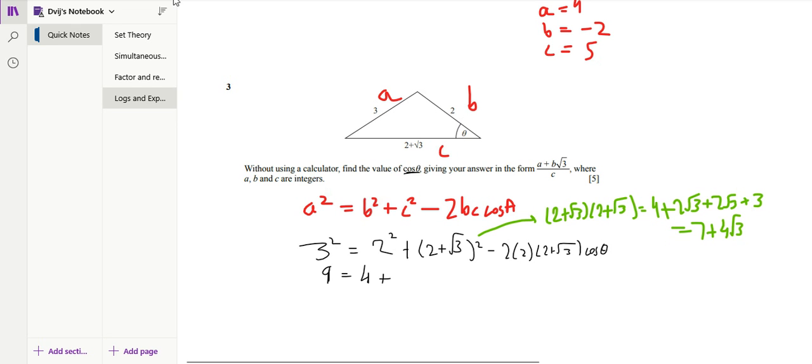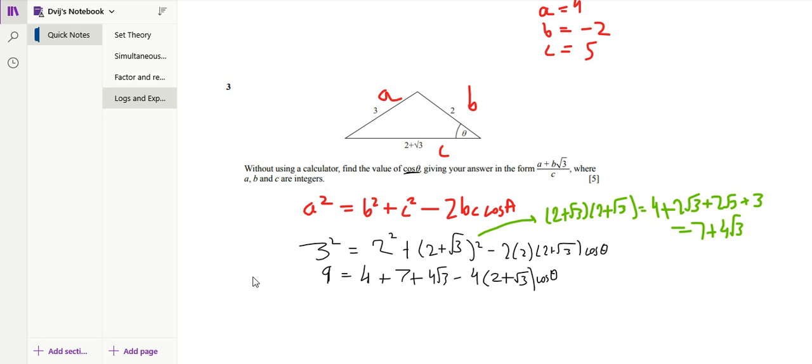So let's go ahead and write that here. So 9 is 4 plus 7 plus 4 root 3 minus 2 times 2 is 4, so minus 4 times 2 plus root 3 cosine theta. Cool.